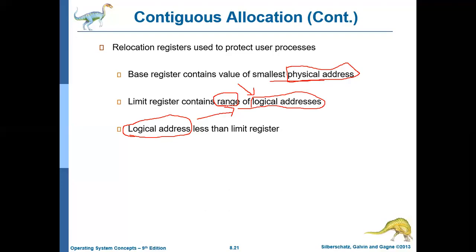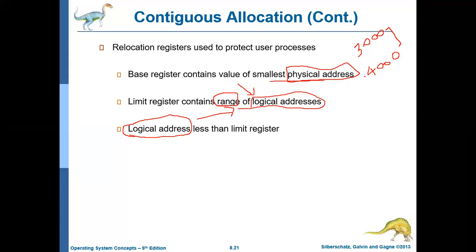Say process P1 can access locations starting from 3000 to 4000. Starting from 3000, it can access up to the 3999th location.